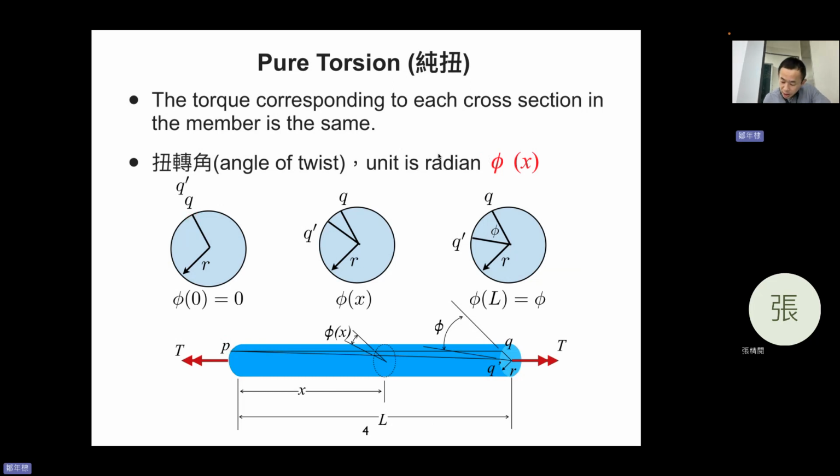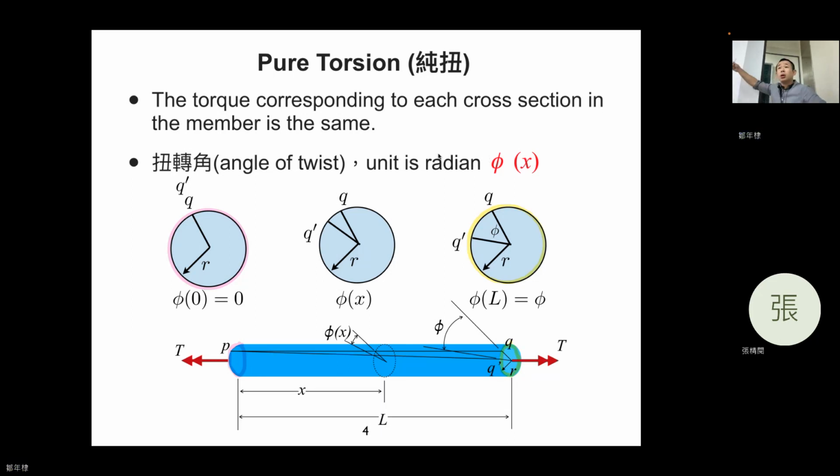And then we said this is the cross section belonging to this one, and this is the cross section belonging to this one.